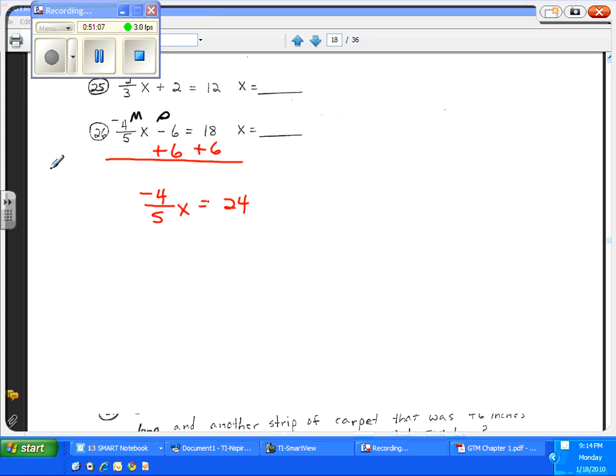Now, on page 25 and 26 of my algebra textbook, it teaches you how to undo addition by subtraction, subtraction by addition, multiplication, division, and square root. And on page 25, example 3, it talks about undoing multiplication, negative 4/5 times x.